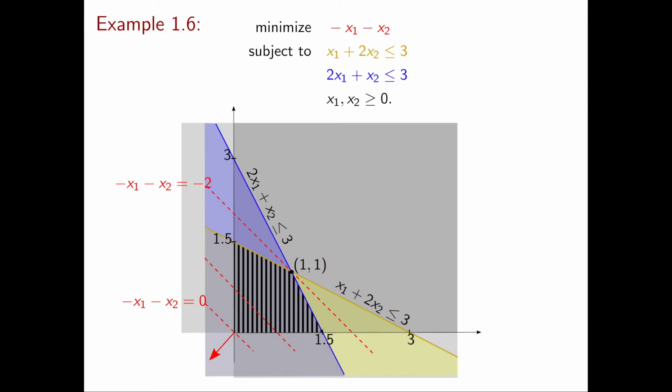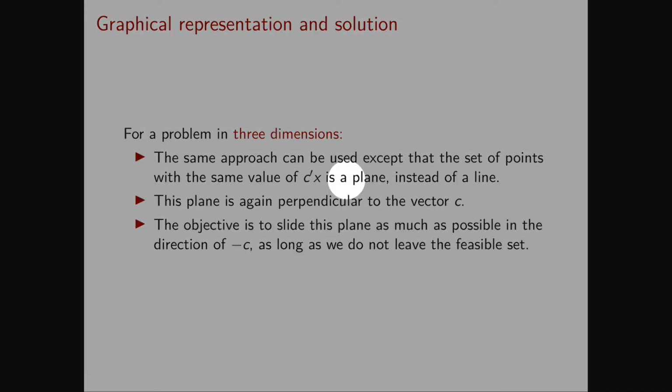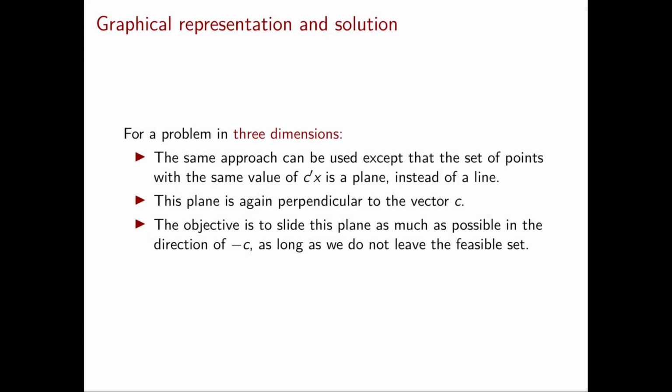We have now understood how we can visualize a linear programming problem in 2 variables. The technique that we used actually can also be used in 3 dimensions. There are only few differences, in fact. The first one is that the set of points that satisfy an equation will be a plane instead of a line.